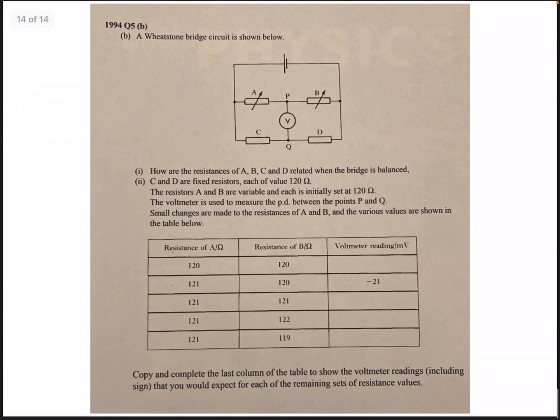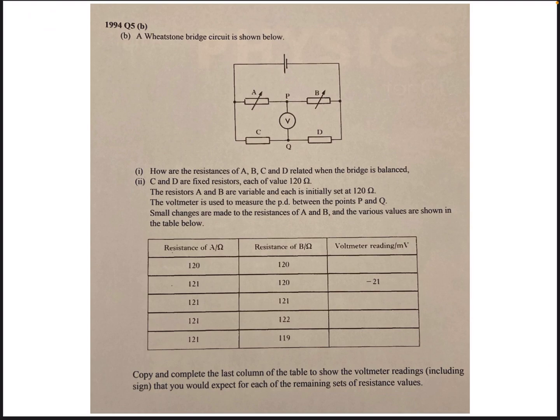And this one I thought was worth mentioning because this is slightly more problem solving. So there's a little bit about the ratios between the resistors, and then what we've got is a table showing that when the resistance of A and B are changed, what does that do to the voltmeter reading?